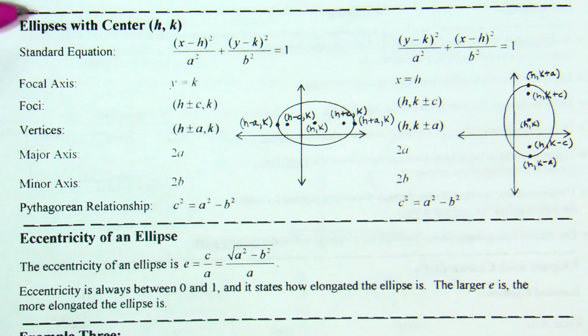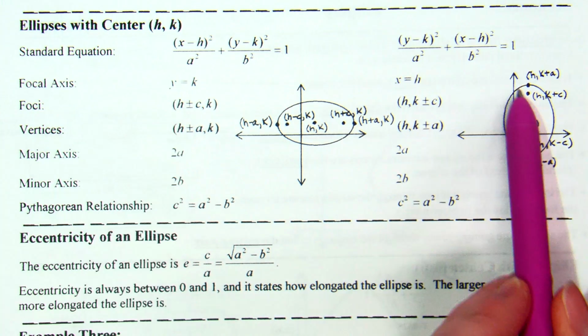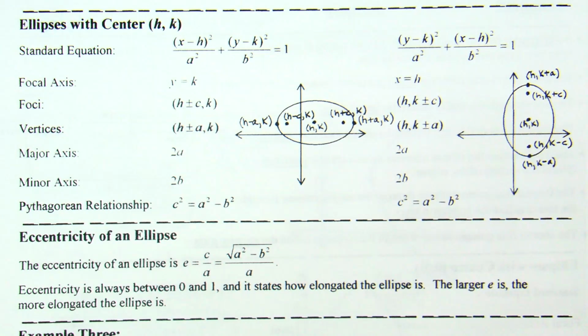My focal axis changes how it's listed. On the front side, it was listed as the x-axis because the longer axis is the x-axis. Well, if you move the center off 0, 0, it's no longer the x-axis, and so they just say y equals k. Over here, it was the y-axis. Again, you move it, it's no longer on the y-axis, so they use the line x equals h.